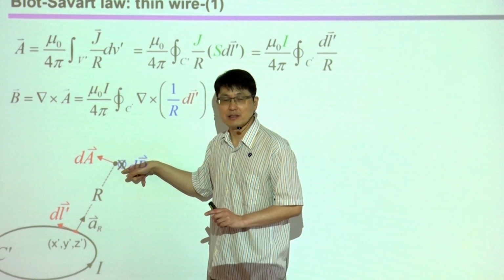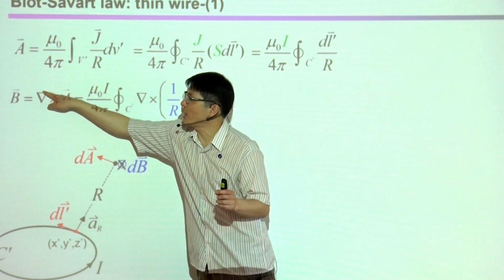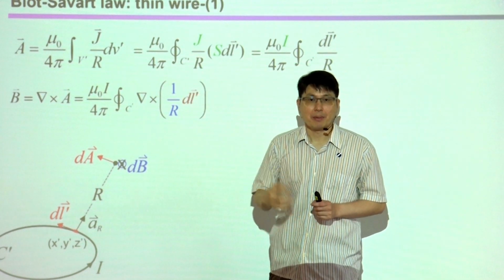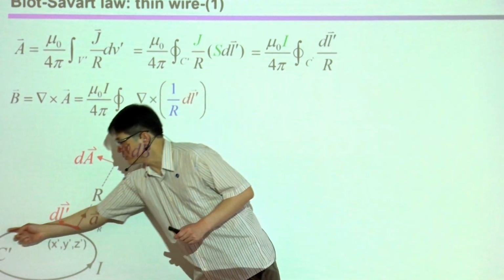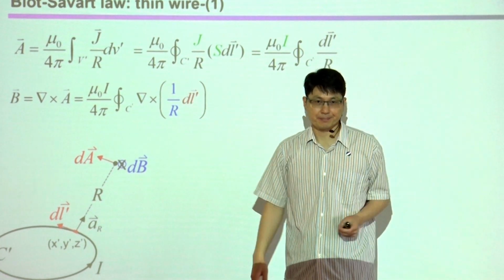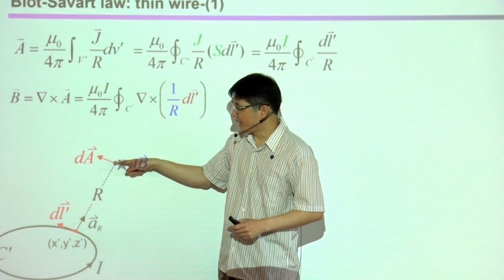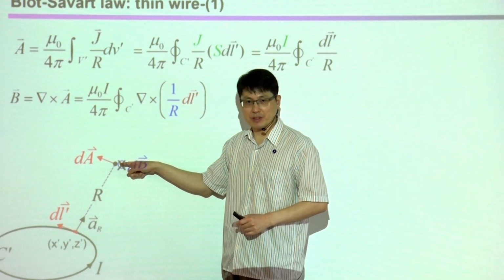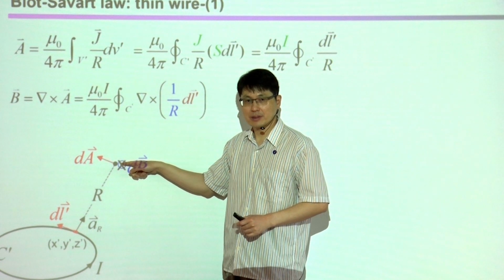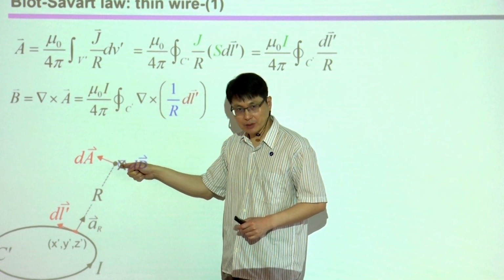So A in space is labeled by the unprimed system. But the current source is labeled by the primed system. Okay? So this current loop generates some A distribution here. Once I know A here, I perform its curl.